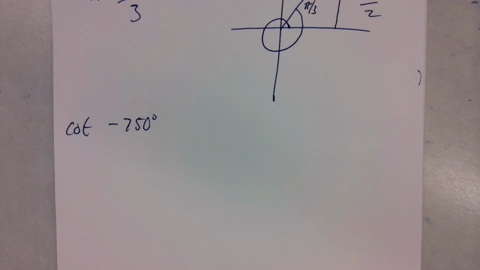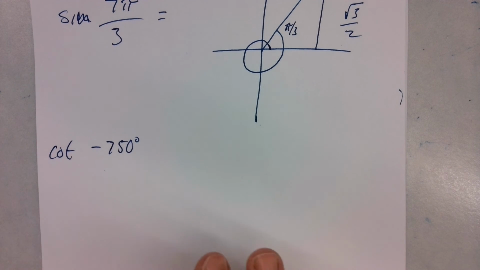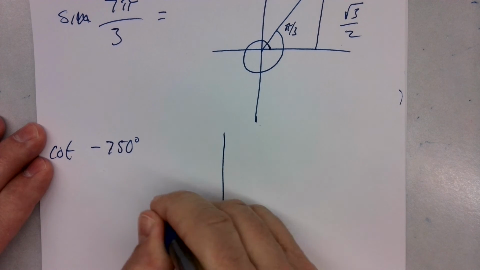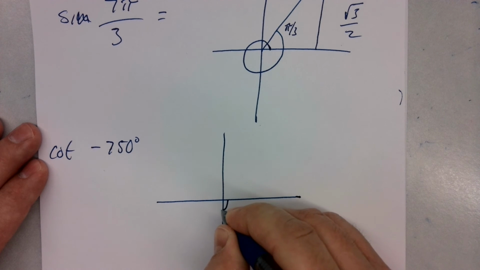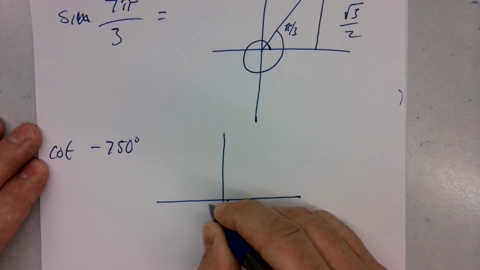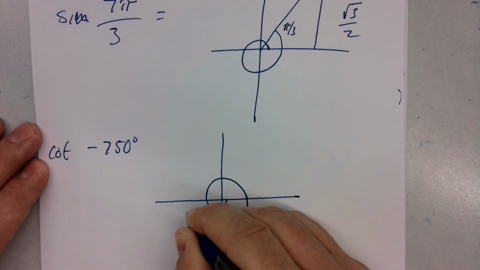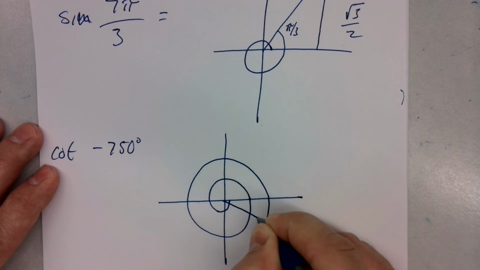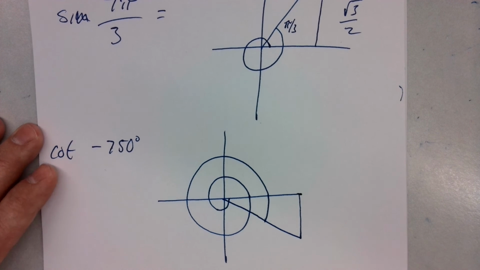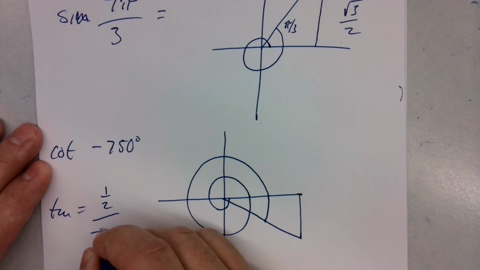So, who was 10? What do you got for me, Bryce? Well, first off, tell me where negative 750's at. On the 330. So I'm going to go around one, that's 360. Then around another. All the way. Okay. And quadrant 4. Then I found the tangent, so it's 1/2 over negative square root of 3 over 2.